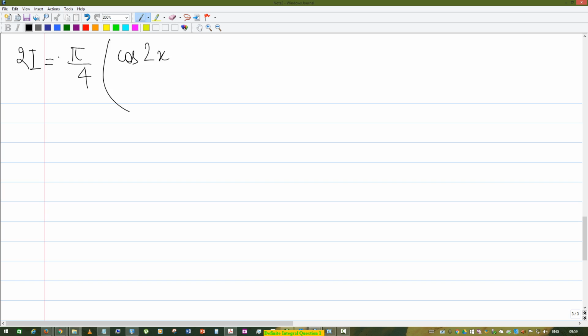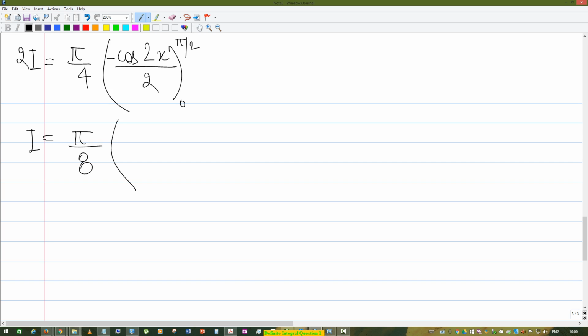You can take the minus sign out, not an issue. For now just keep taking it inside, so as to avoid any ambiguity in the calculations. 2I is equal to, so now take the 2 part here, it will become pi over 8.